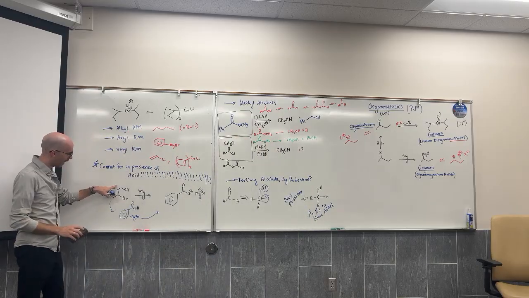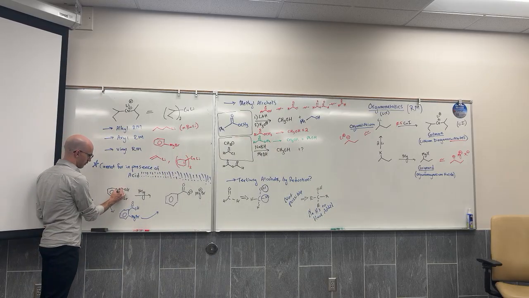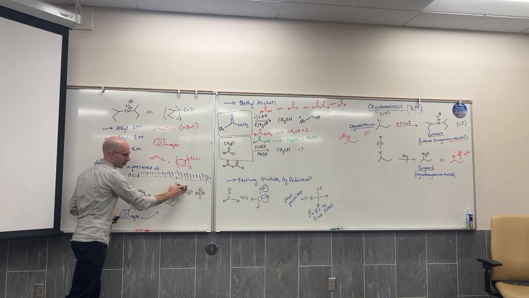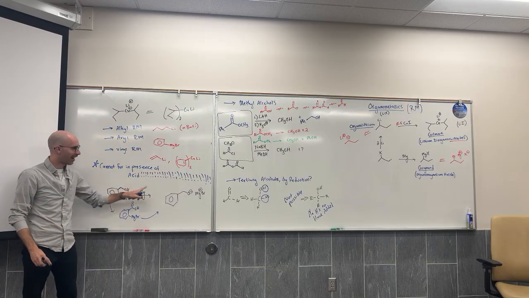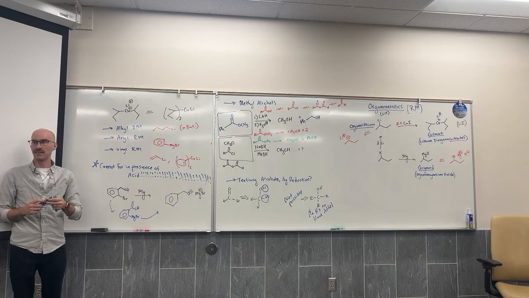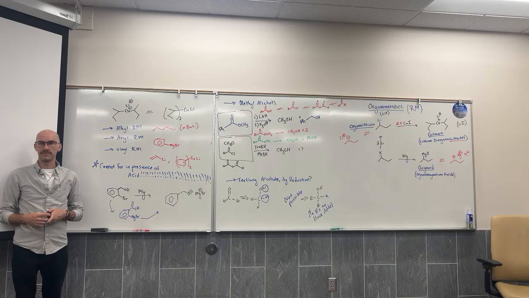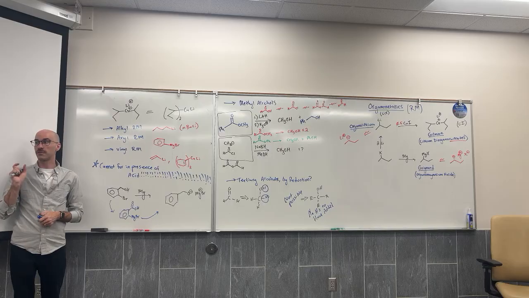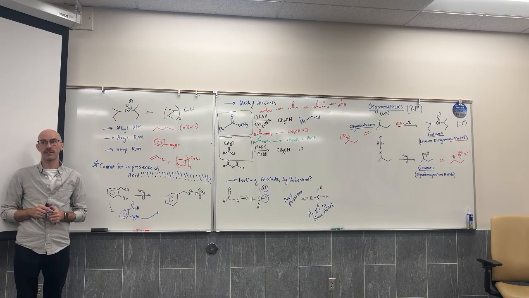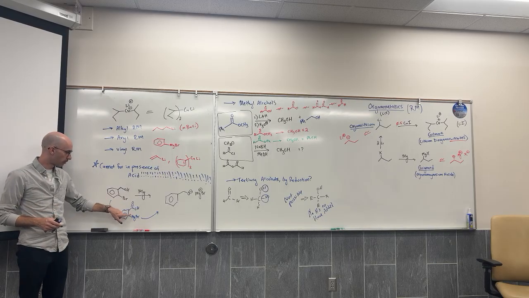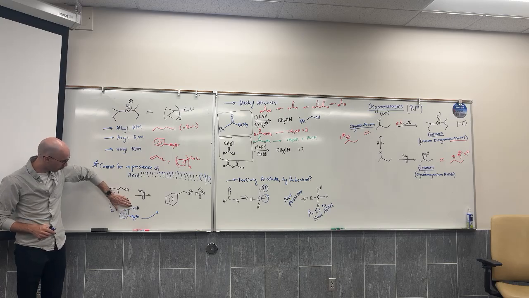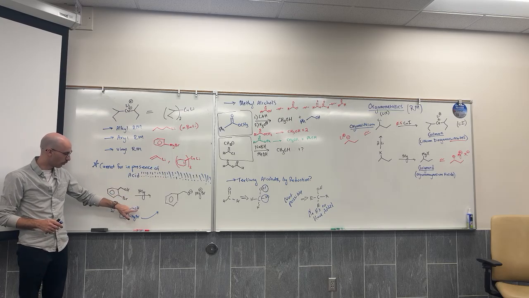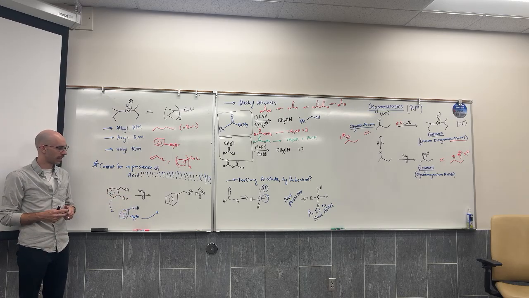But if this were an alcohol instead, then the only change is that you get an alkoxide instead. Because that OH is much, much more acidic, and you have formed an aggressive base. And it will take a hydrogen off of anything that it can.